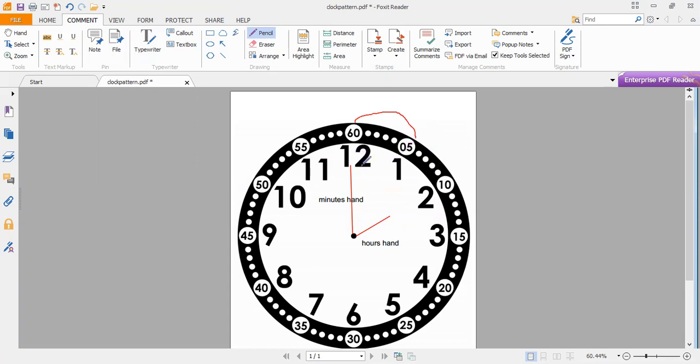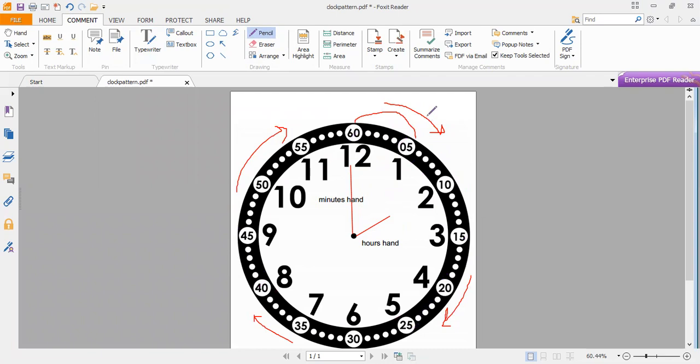The hands on the clock always go from the right, going down, and going up and right again. This is the orientation of the hands on the clock.